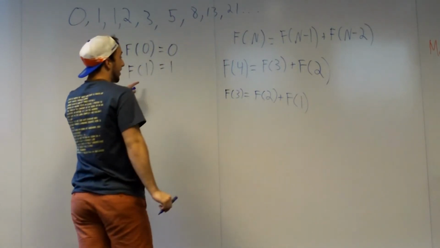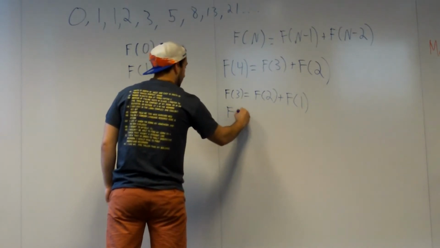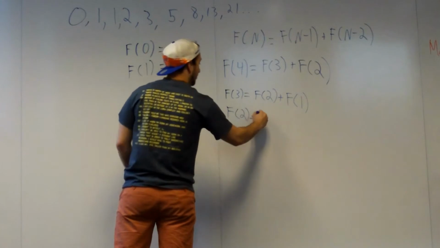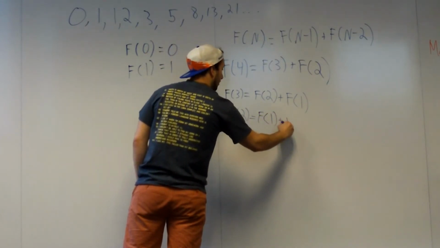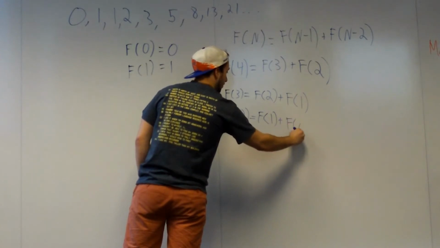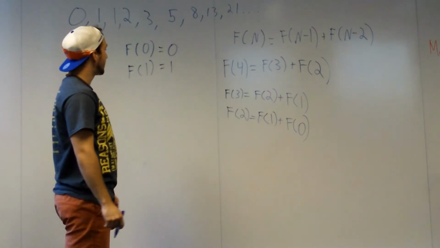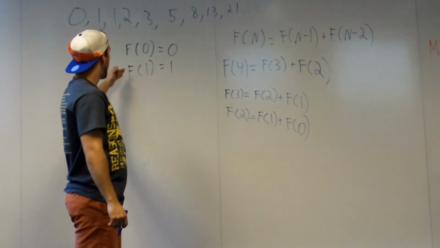And we know that f of 2 will be f of 1 plus f of 0.